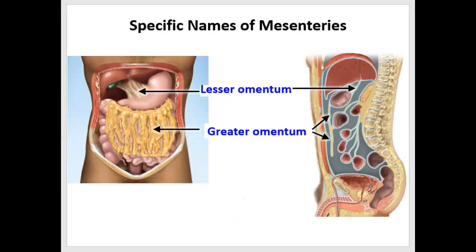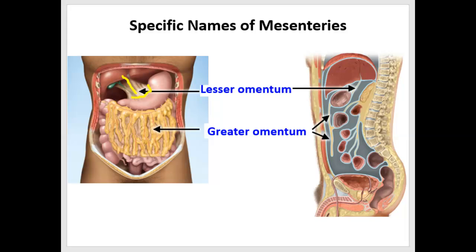Some specific names of mesenteries that we're going to talk about are two ventral mesenteries, the lesser omentum and the greater omentum, which you will see when you perform dissection in the lab. The lesser omentum, a ventral mesentery, extends from the liver to the superior right margin of the stomach.